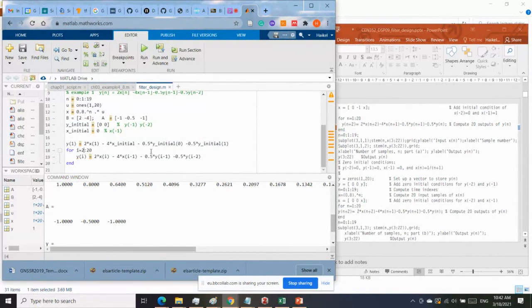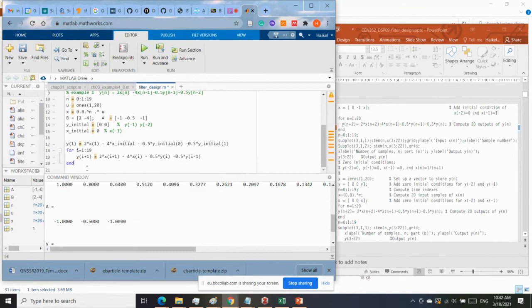Therefore instead of starting from 2 we start from 1, and end at 19, adding 1 everywhere. And this minus 2 plus 1 means minus 1, this minus 1 plus 1 means zero.